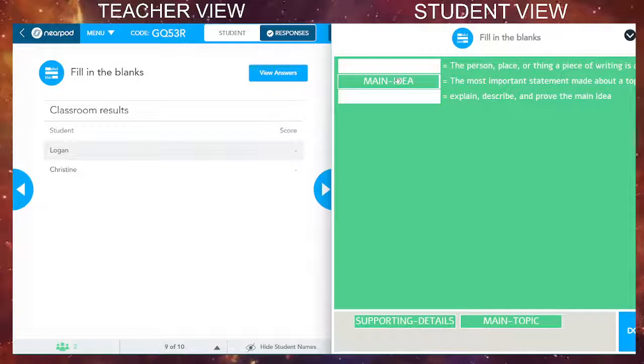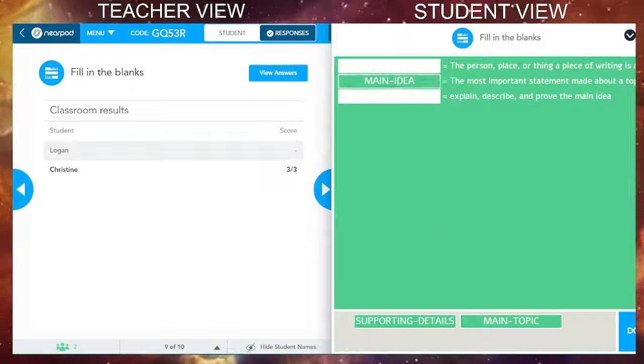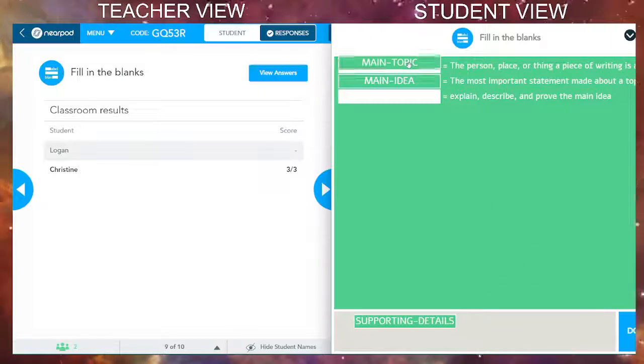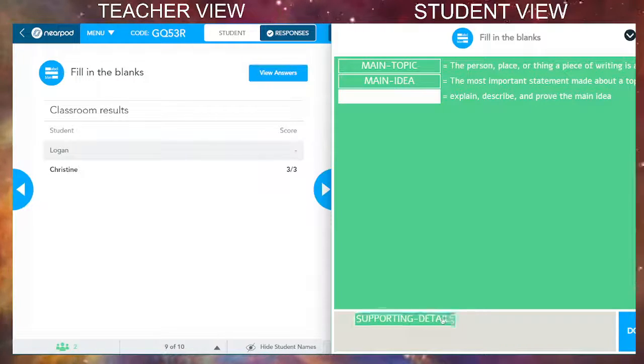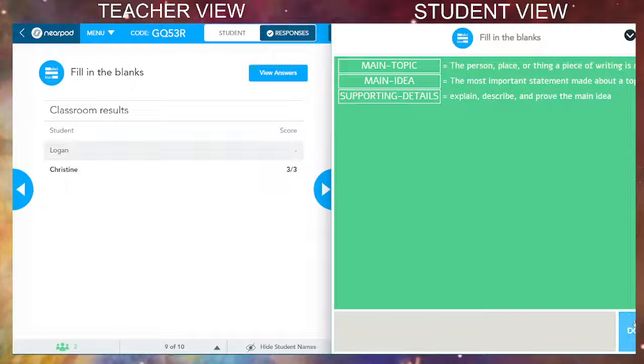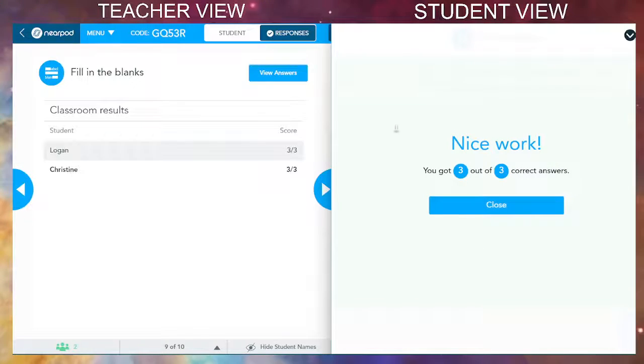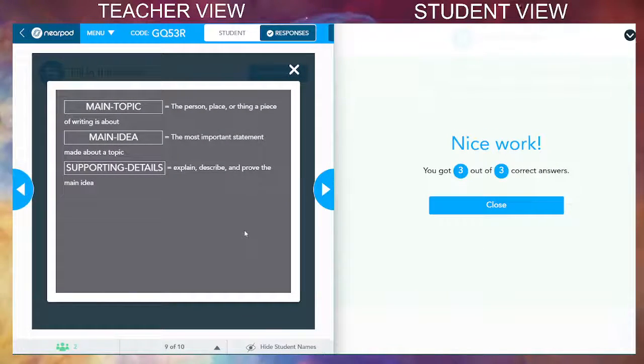So the first one says, the person, place, or thing a piece of writing is about. The second one says, the most important statement made about a topic. And the last one says, explain, describe, and prove the main idea. All right, perfect. So it looks like you guys did really well in finding what the answers were there.